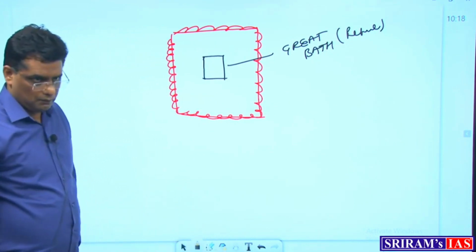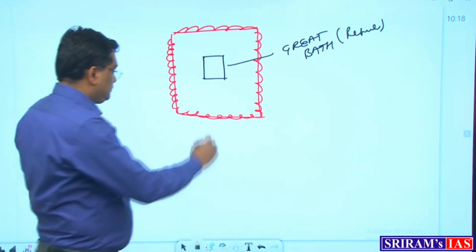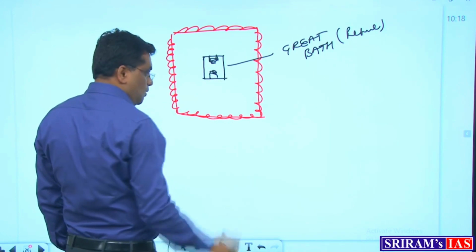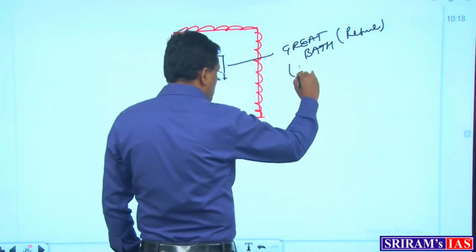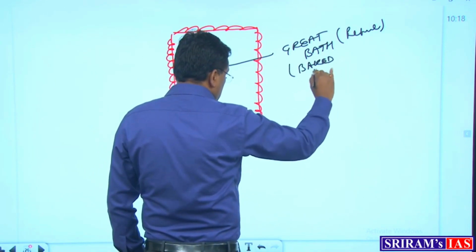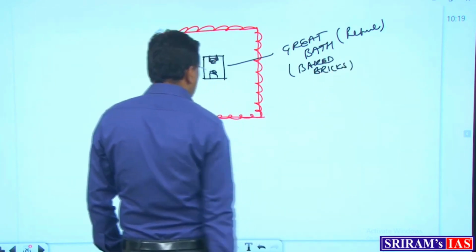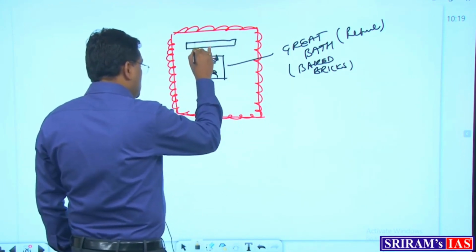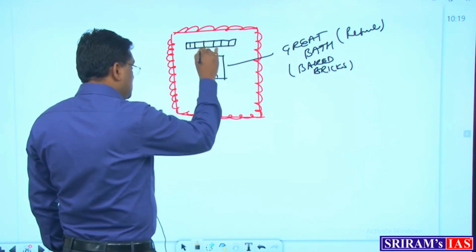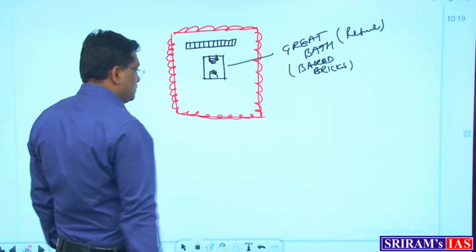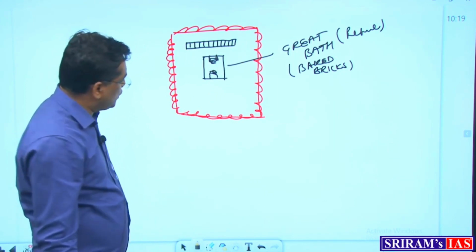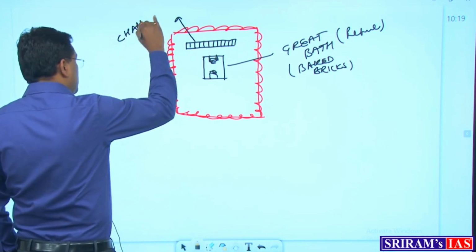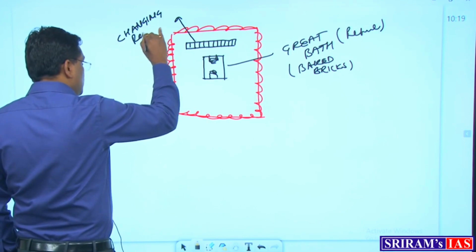Common bathing system was there. There are stairs to go down to the bottom. Baked bricks were used. There are single rooms, changing rooms after the bath. They are very smart, having changing rooms.